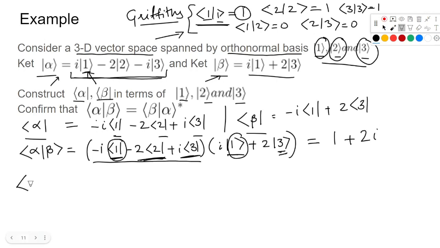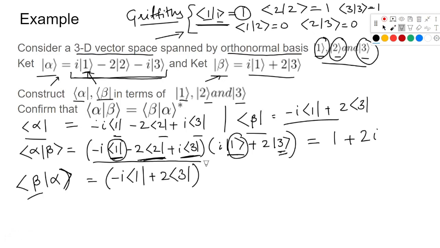Similarly, we can calculate this inner product, which is the bra of beta, which we had calculated here, and the ket of alpha. The ket of alpha was given to us in our question statement. Here also, we only need to calculate the inner product of 1 bra with 1 ket and bra of 3 with the ket of 3. All other terms will vanish based on the orthonormality condition.